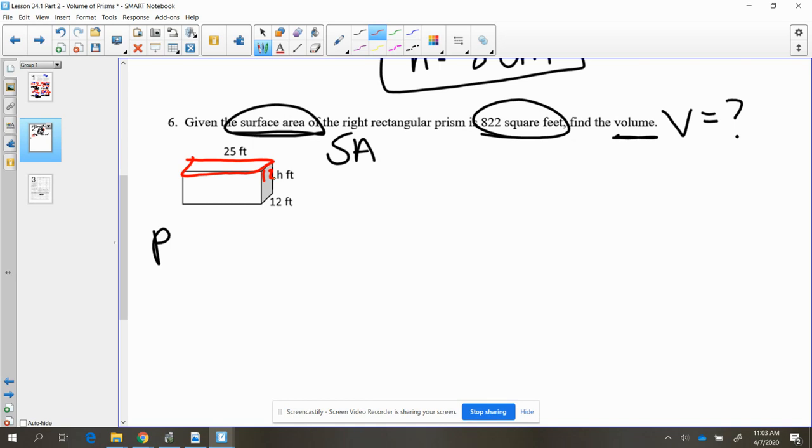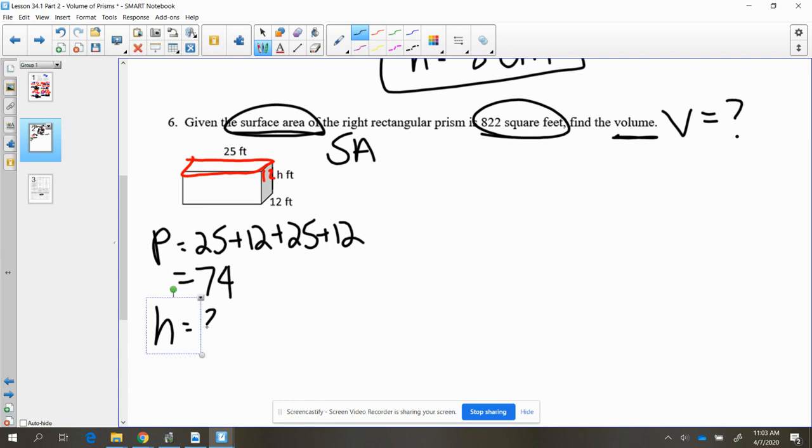So the perimeter is going to be 25 plus 12 plus 25 plus 12, adding up all four sides of our base, to get a perimeter of 74 feet. Now the height, again, we don't know at the moment. But we can also compute the area of this base by taking 25 times 12, which is 300 square feet.